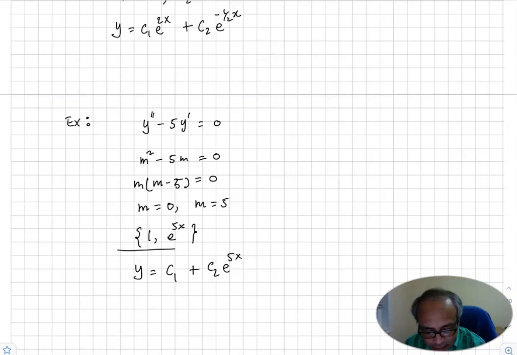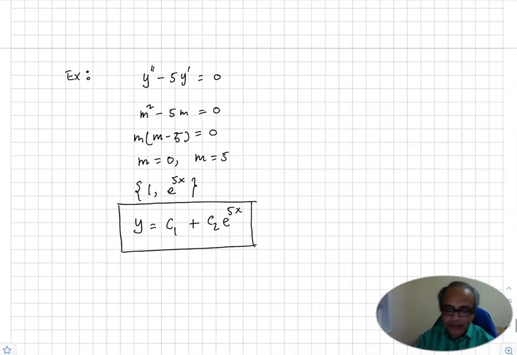You see that the solution looks slightly different than the other solution because m is 0 and m is 5. So the characteristic polynomial has two solutions, one is 0 and one is 5. What we see is that the characteristic polynomial has distinct solutions.